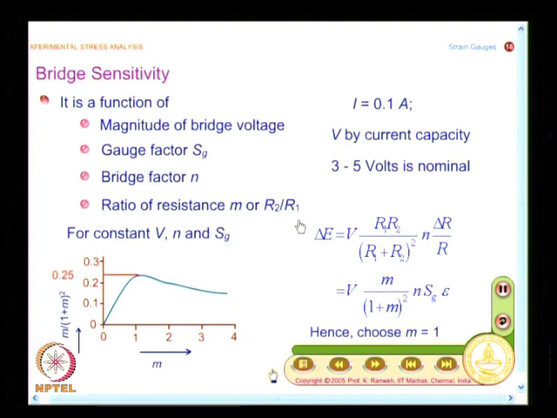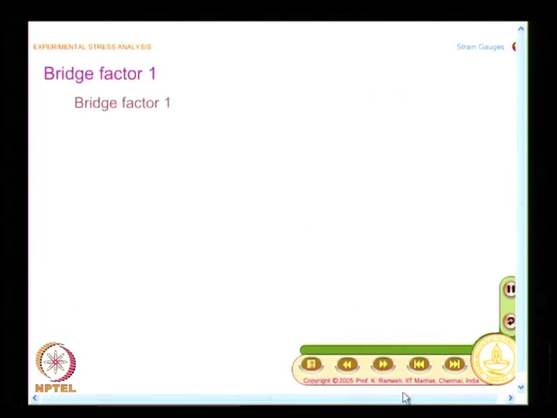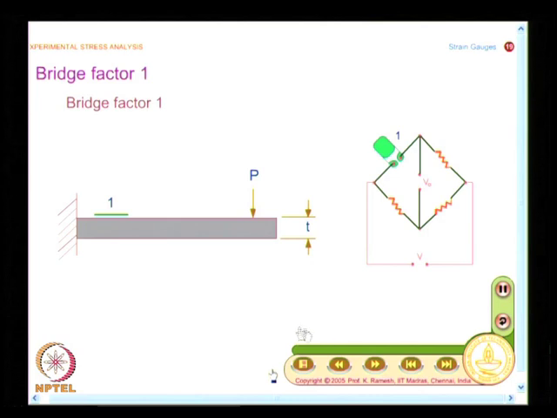Now, we look at what is a bridge factor. It is a very simple one. I have a single strain gauge connected, and when I do this, only one arm of the bridge is connected to the strain gauge, and from our earlier understanding, what should these resistances be? They should be equal to the strain gauge resistance.